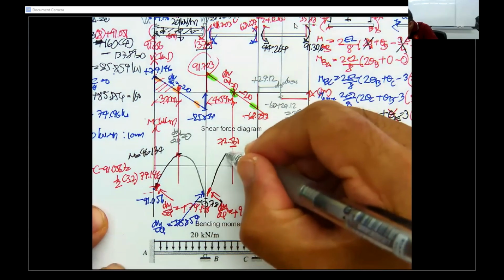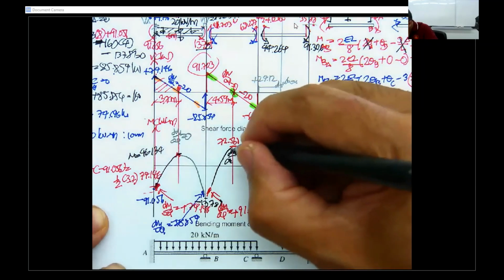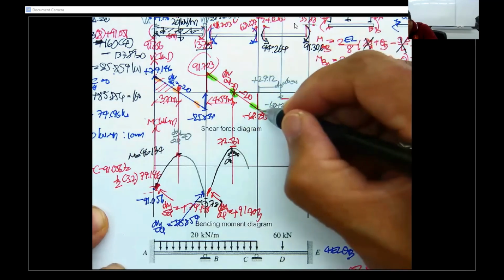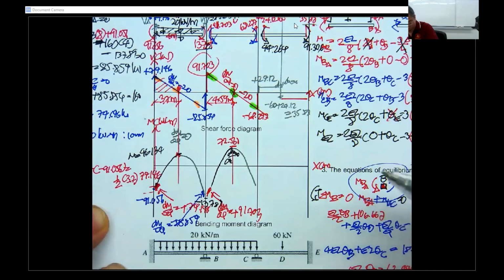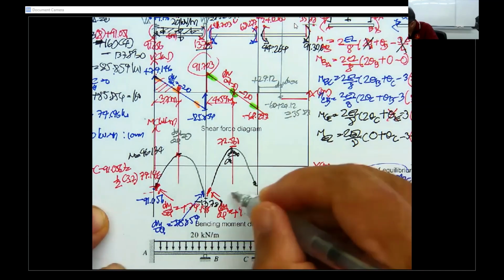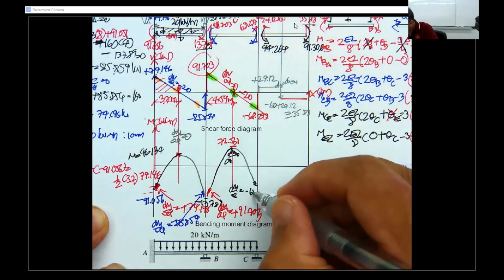Okay, and then the curve going to be upward like this, and this dM/dx equal to 0, and then this is going to be curve downward.